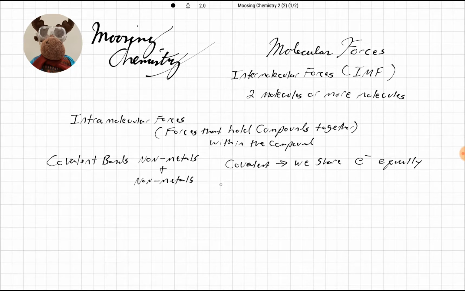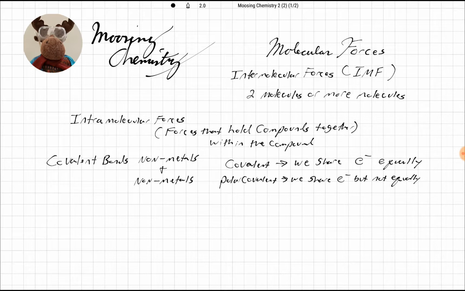And there's something called a polar covalent bond. And that's also important to remember, that we share electrons, but not equally. So in other words, the atom that is more electronegative is going to have the electron being pulled towards it.